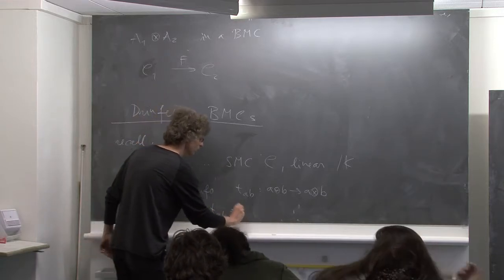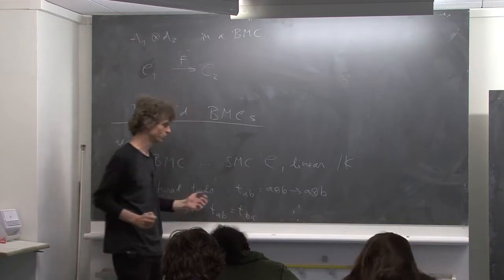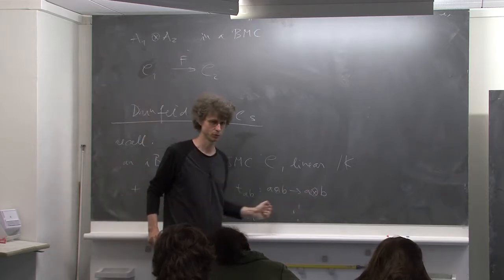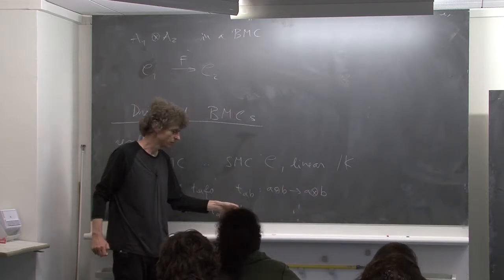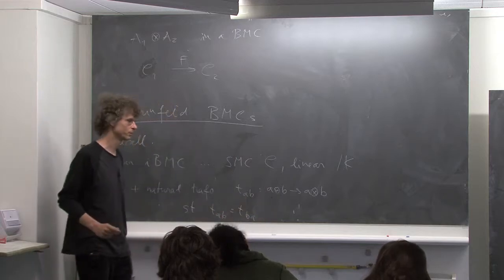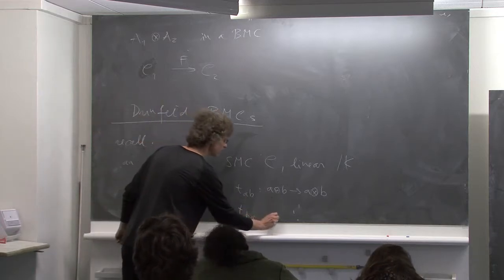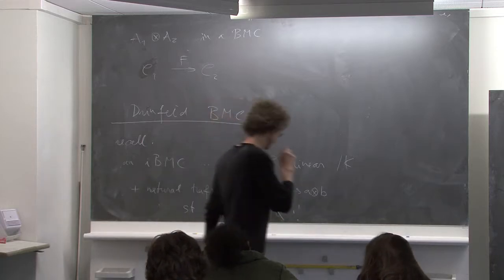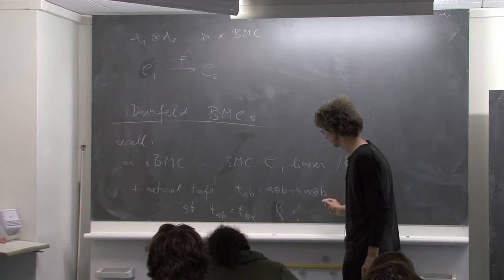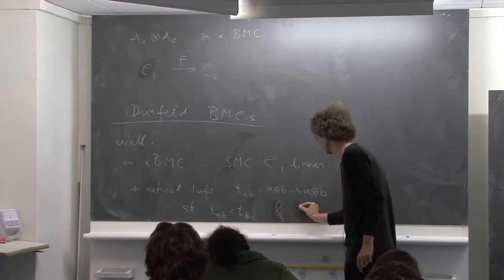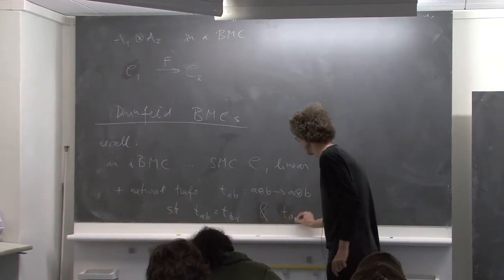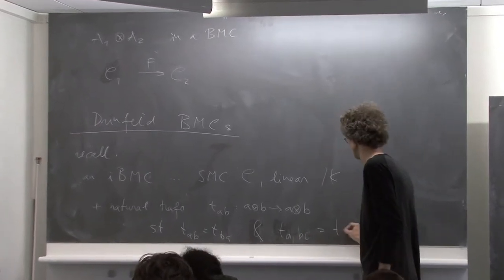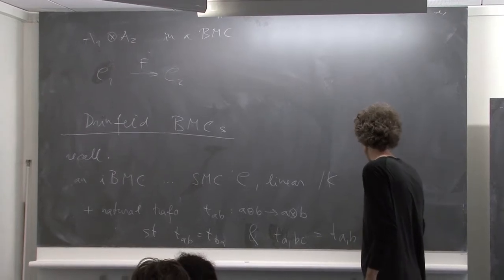T_{AB} is equal to T_{BA}. The more official way is that we need to flip first this AB here and AB there, so I should write symmetry and symmetry there. So I'm conjugating with symmetry, but this is what it is. And there was this infinitesimal hexagon, which is just T_{A, B tensor C} is just T_{AB} plus T_{AC}.